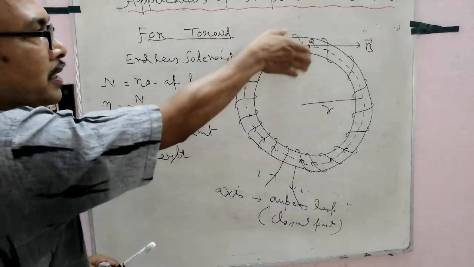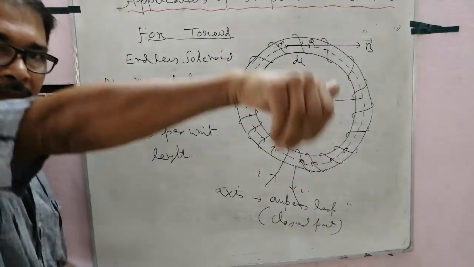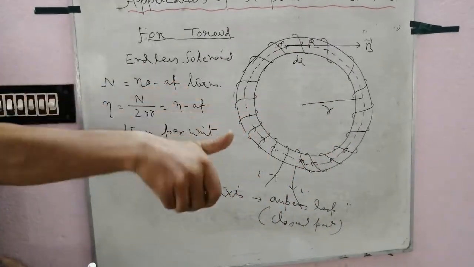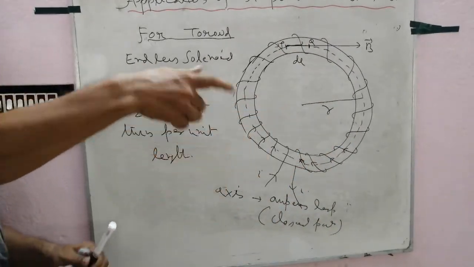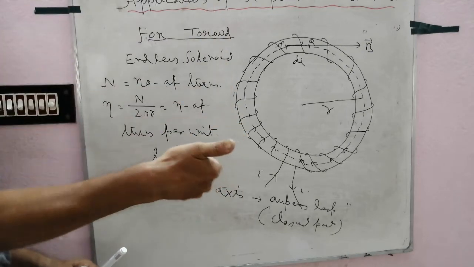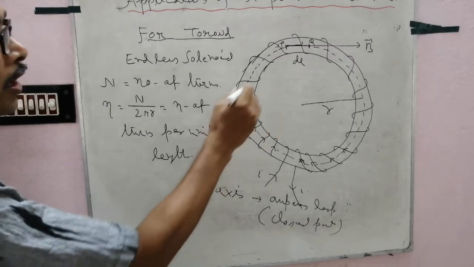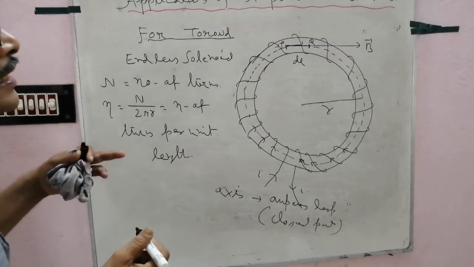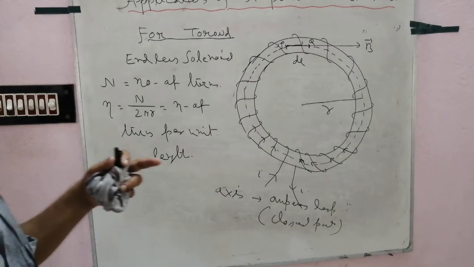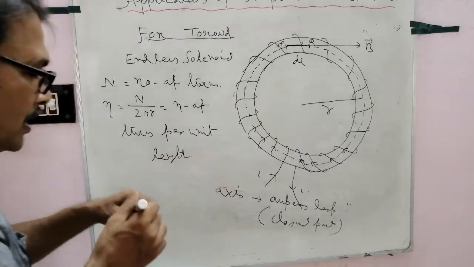Clear? Here the current is in this way. Follow my right hand: the direction of the current is the forefinger, and the field direction is indicated by the thumb. So B dot dl equals B dl cos 0 degrees, that is B dl.